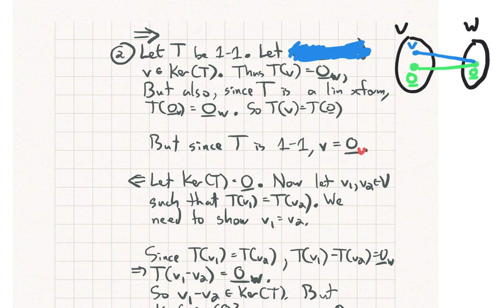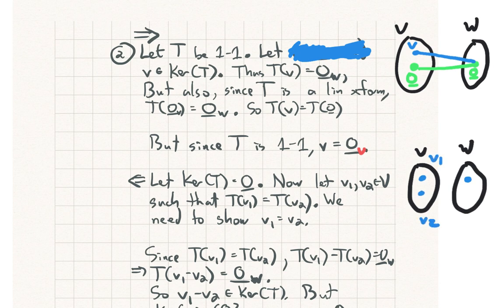So let me draw a similar diagram down here. So here's our V, here's our W. And we're picking two vectors here. Let's say V1 and V2, where they both get mapped to the same vector.